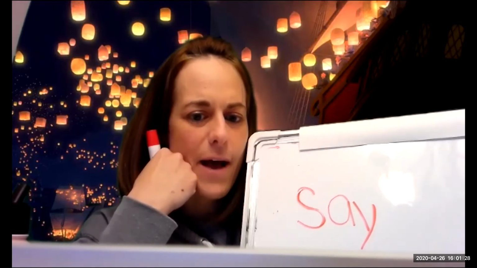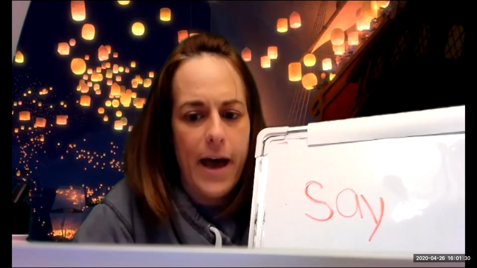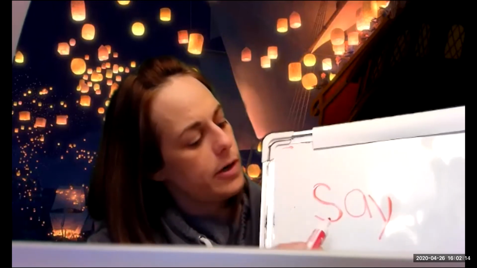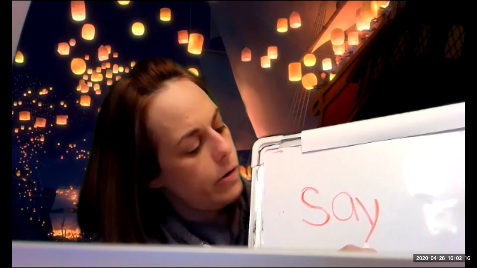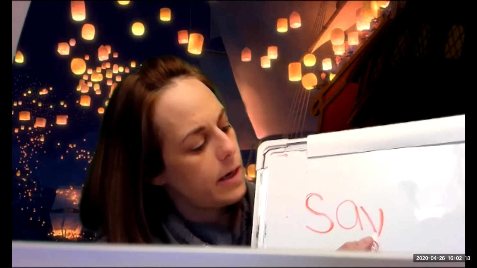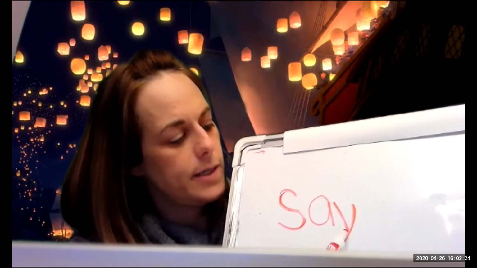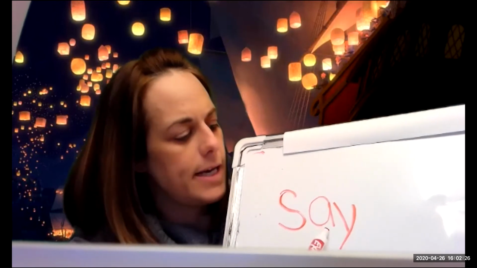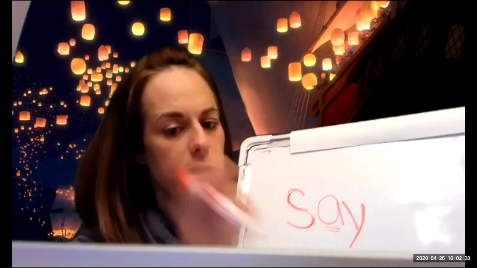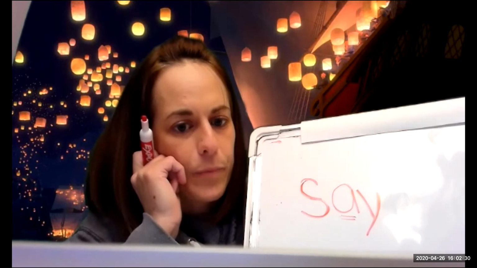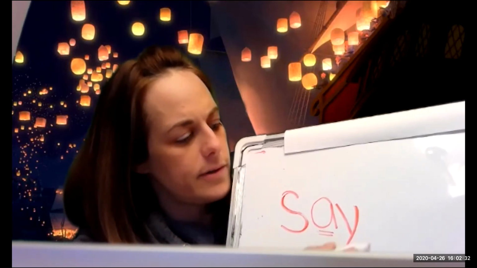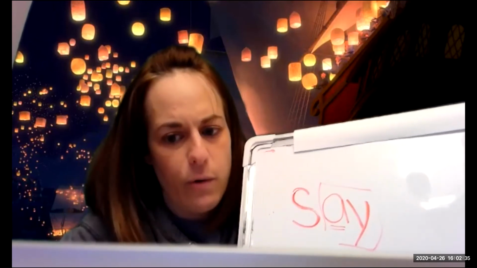Y acts as a vowel when it's next to another vowel. So if you look at this word, S-A-Y, we know that Y is a vowel sometimes, and Y is a vowel when it's at the end of a word. So here it is at the end of a word, but it's next to something special. It's next to a vowel. So here's two vowels. What's that two vowel rule?